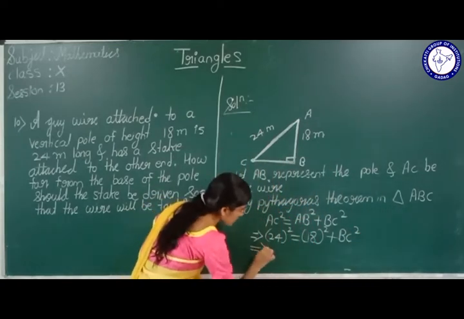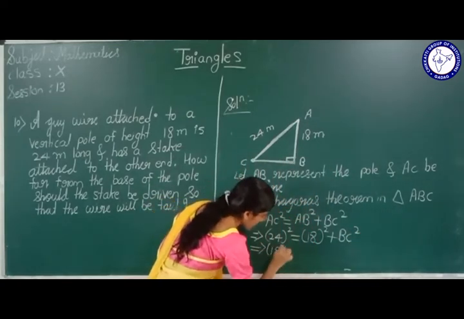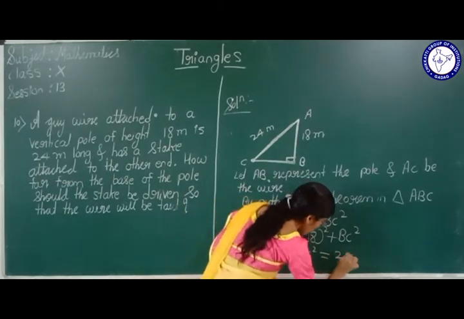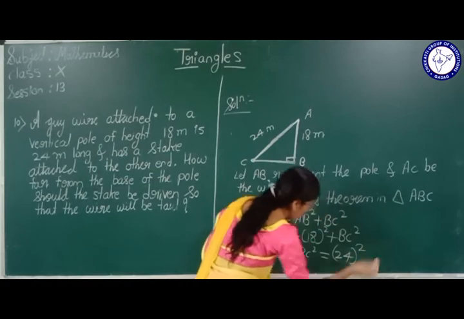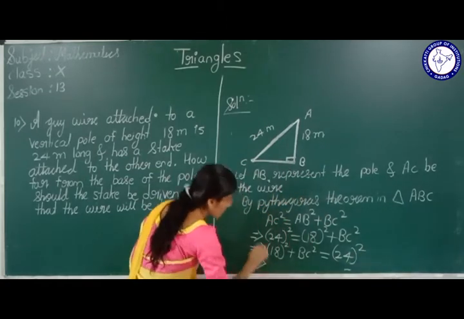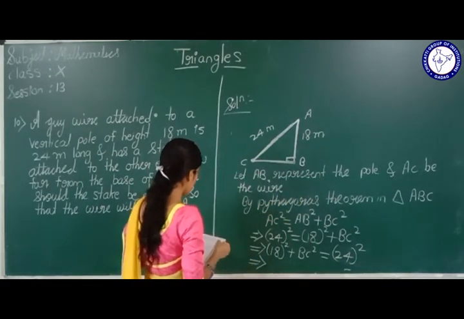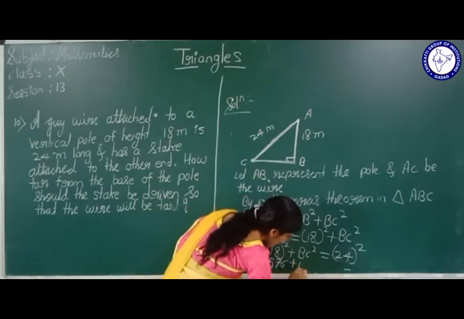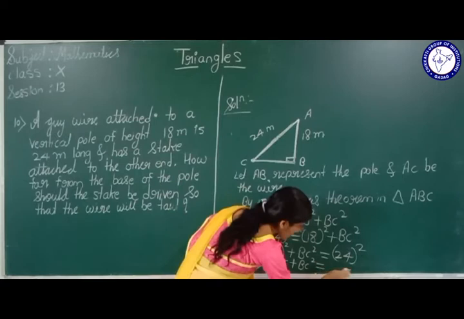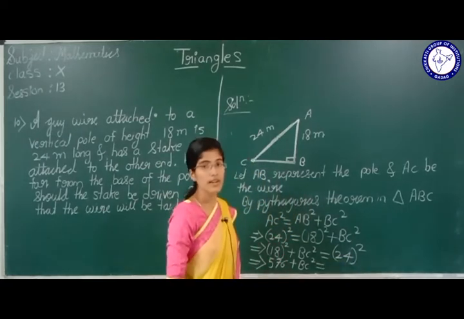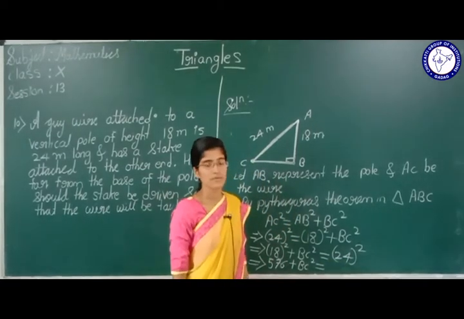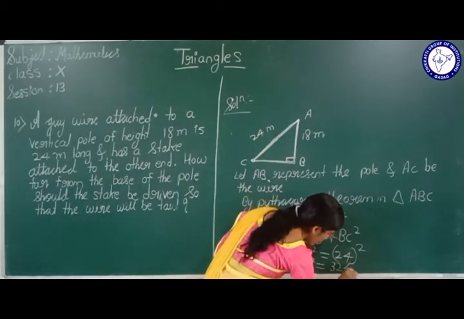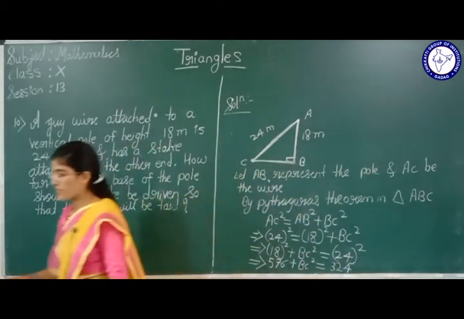So this implies 18 square plus BC square is equal to 24 square. So what is 18 into 18? 18 into 18 is 576, plus BC square is equal to 24 into 24, which is 324. Now we will simplify this.